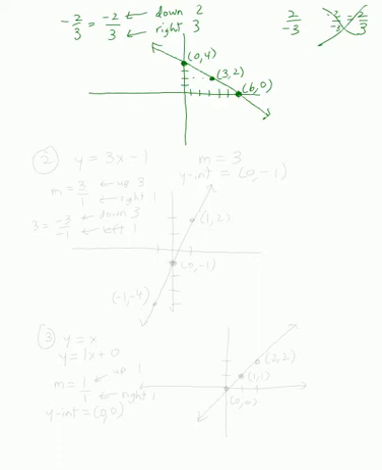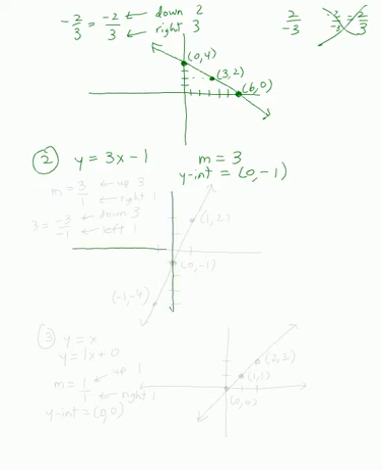Let me do another one. y equals 3x minus 1. Notice this one is already in slope-intercept form also. We're starting off a bit simple, but we are going to do some trickier ones. So in this one, m is equal to 3, and the y-intercept is 0, negative 1.